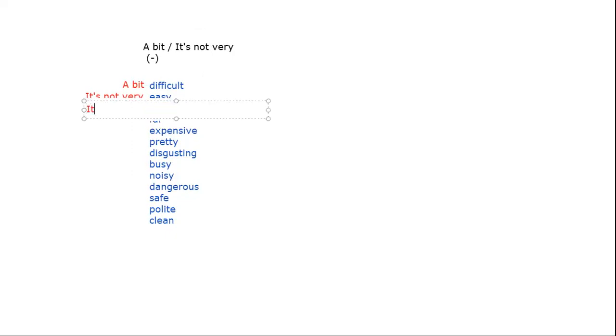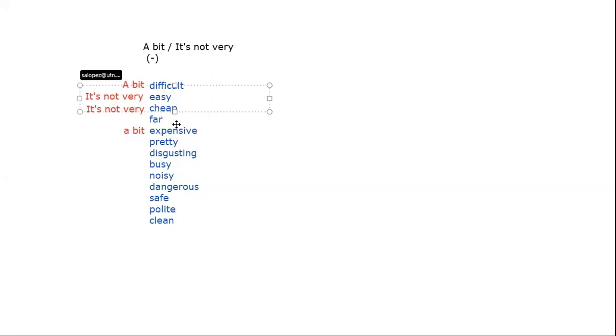It's not very cheap. No está tan barato. Y por el contrario, si ustedes quieren decir como que está un poquito caro, ¿no es cierto? It's a bit expensive, right? A bit expensive. Un poquito caro.